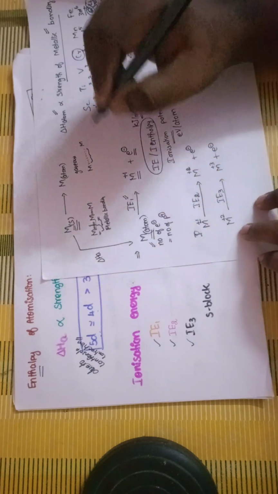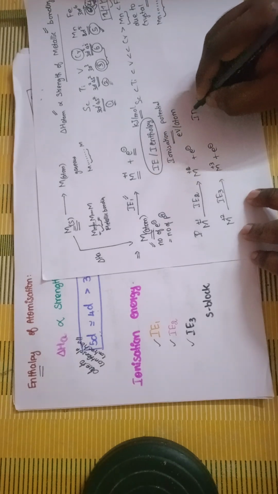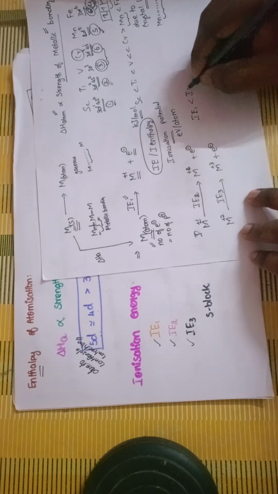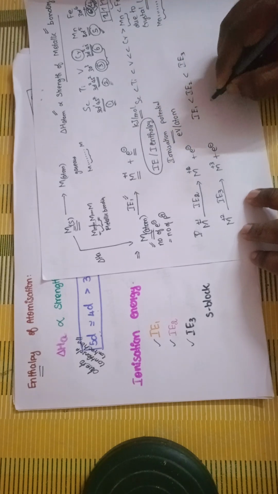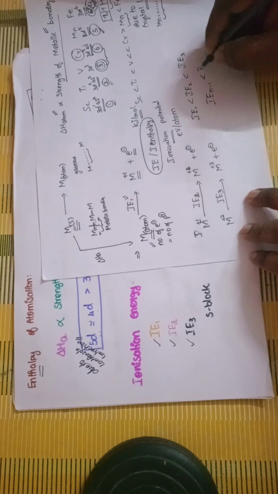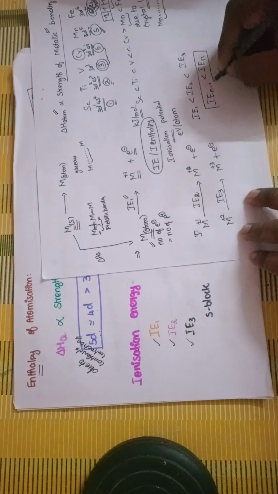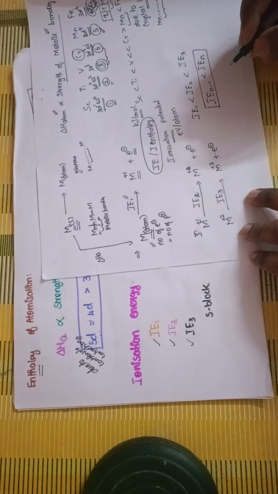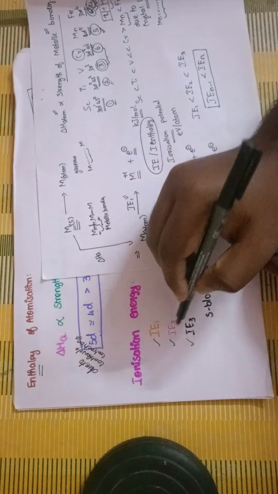Same way for the dipositive ion. General trend: IE1 is smaller than IE2, IE2 is smaller than IE3. In general, IE(n-1) will be smaller than IEn. Successive ionization energy will be greater than the predecessor. Clear? So this is about IE1, IE2, IE3.